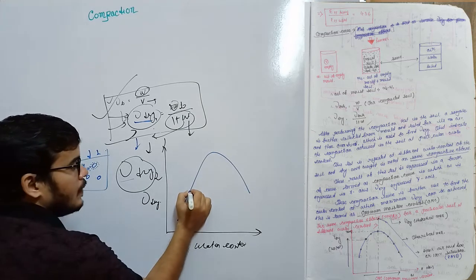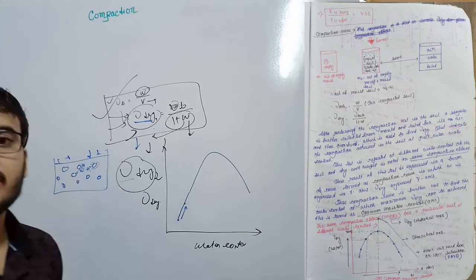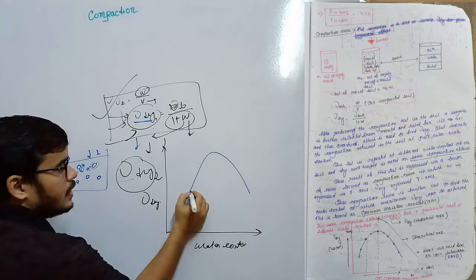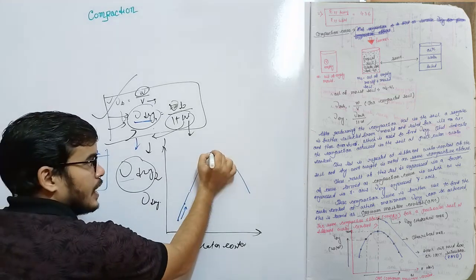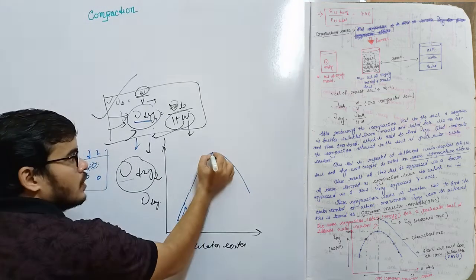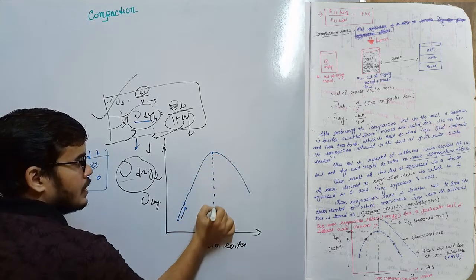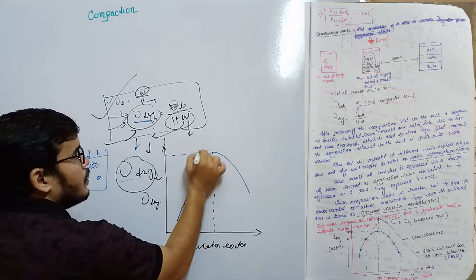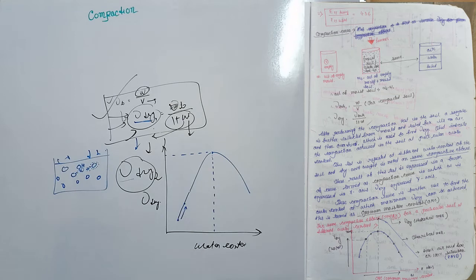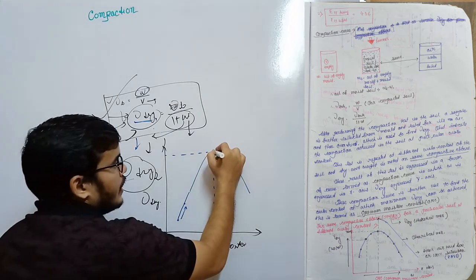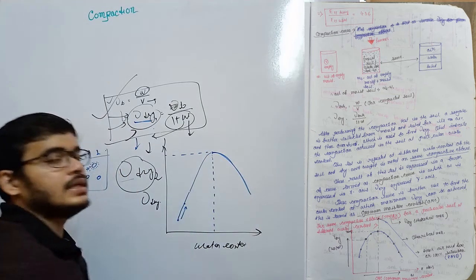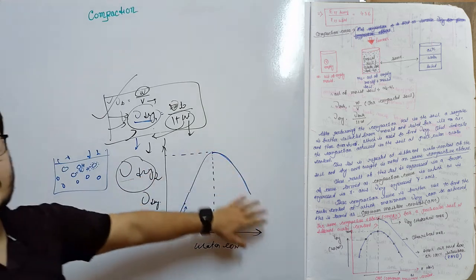Again we mix in some amount of water, and the curve will be like this. Again we mix, but at a point we will get the maximum gamma dry value, and then the dry density will start decreasing. And why does this happen?